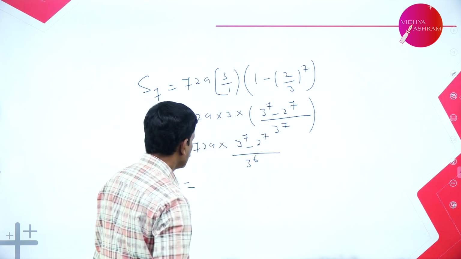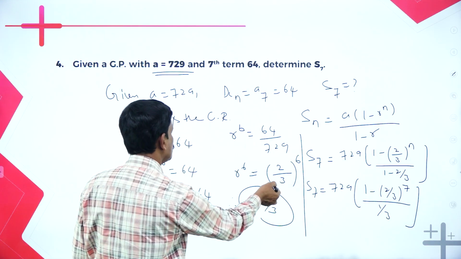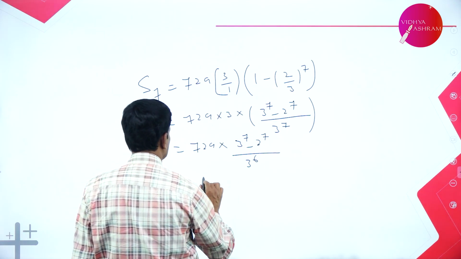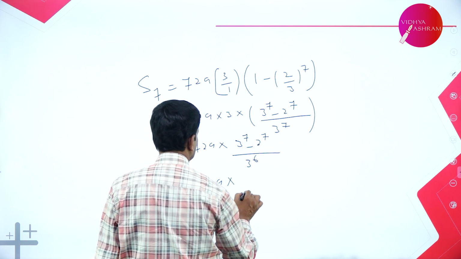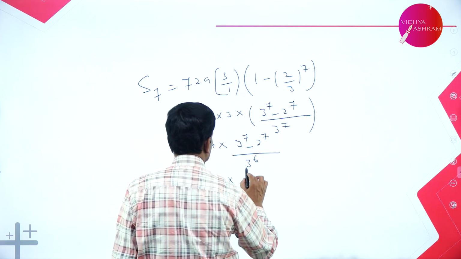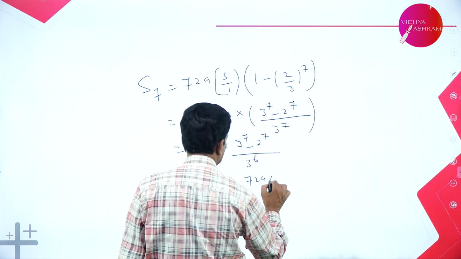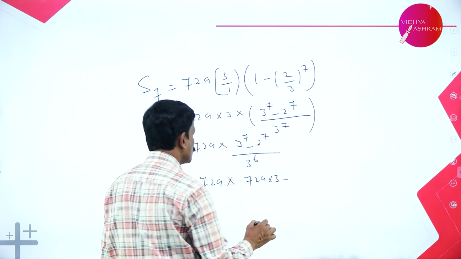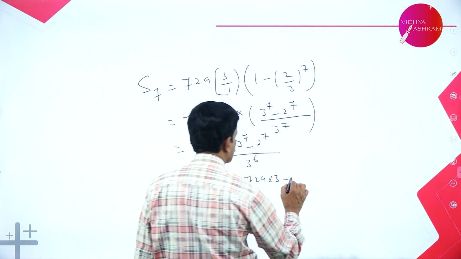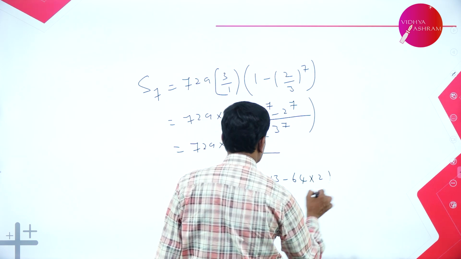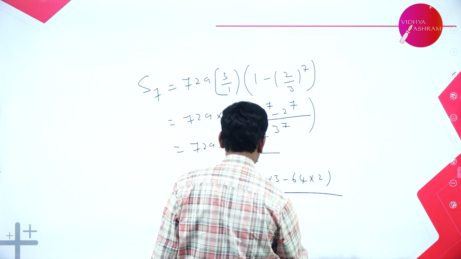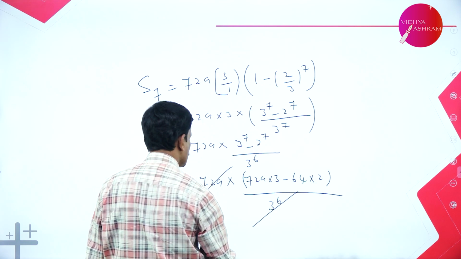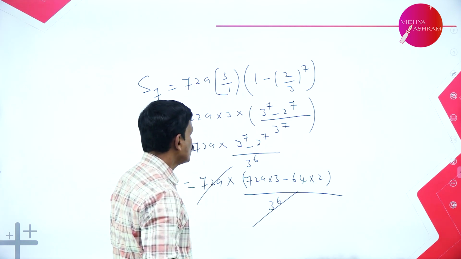So what is 3 to the power of 6? 3 power 6 is 729. So this is 729 into (3 power 7 minus 2 to the power of 7) divided by 3 power 6. 3 power 7 is 2187 and 2 to the power of 7 is 64 into 2. Now what is this equal to?